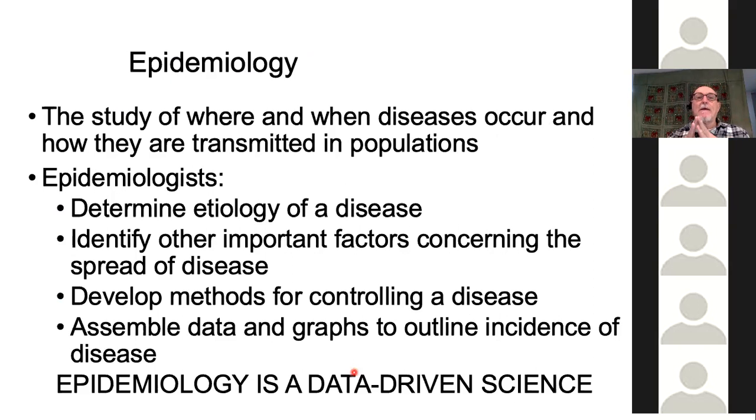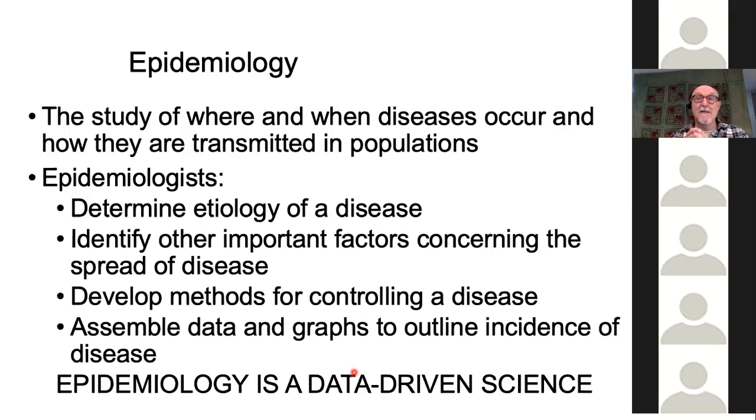Okay, so at the very beginning of our microbiology class, I told you about this early scientist called John Snow. John Snow was a scientist who worked in London, and he was the very first person to apply epidemiological principles to the study of disease.